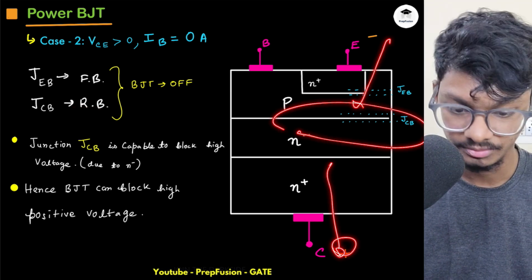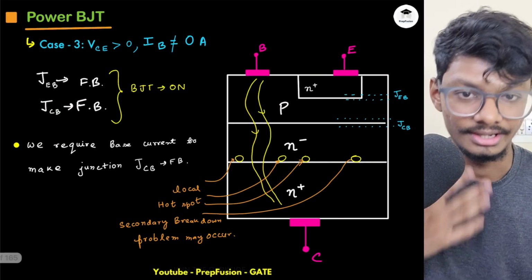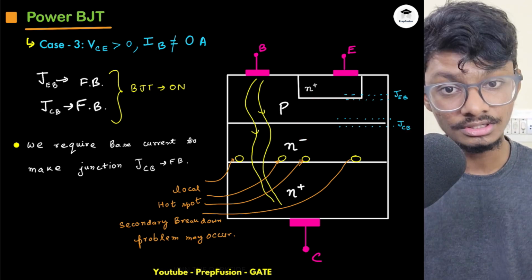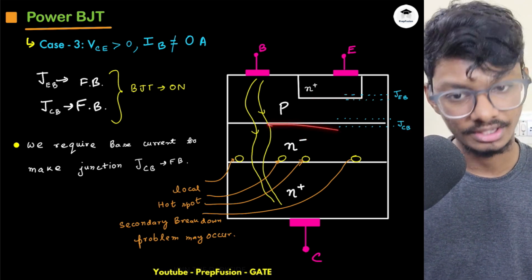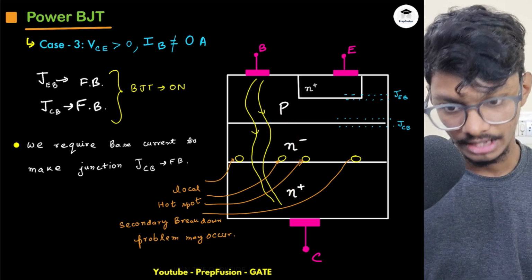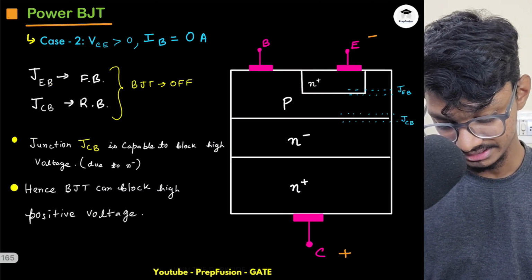But as the base current flows, it gives us excess charge carriers. With the help of those, this JCB junction becomes forward bias and the depletion width becomes 0. More current flows, which turns on the BJT. So the BJT is on in this case. In the previous case the BJT was off.